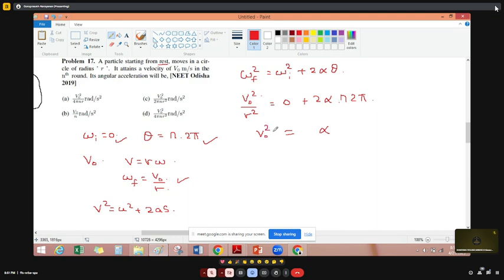So V naught squared by 4 n pi r squared. So that's your answer. Here you have only r, here you have 2 pi, so this is the correct answer.